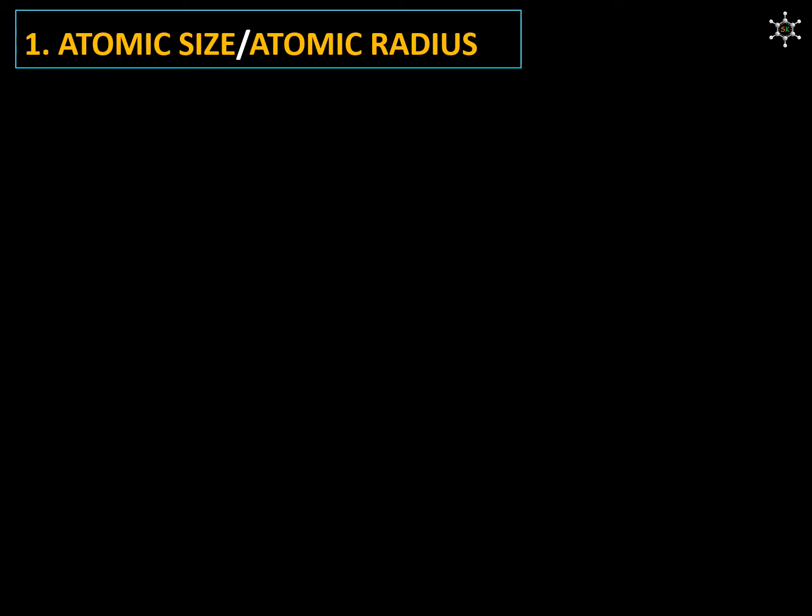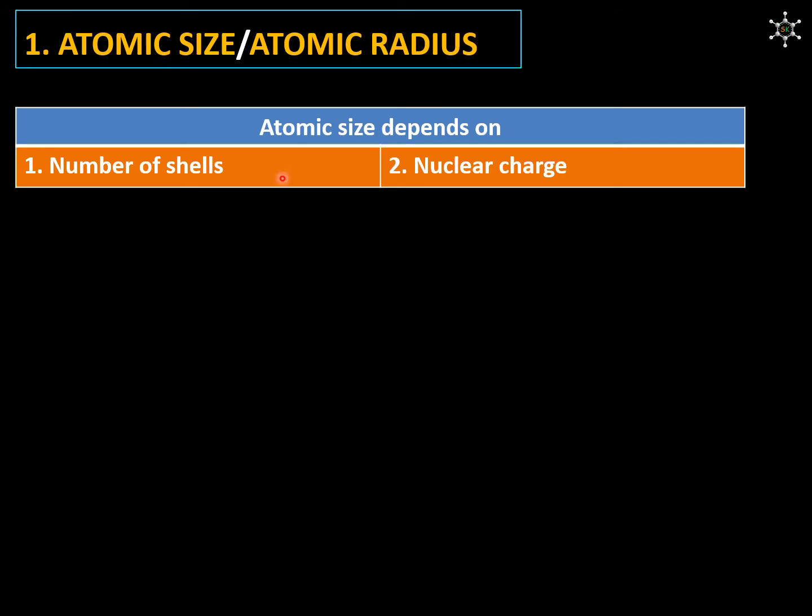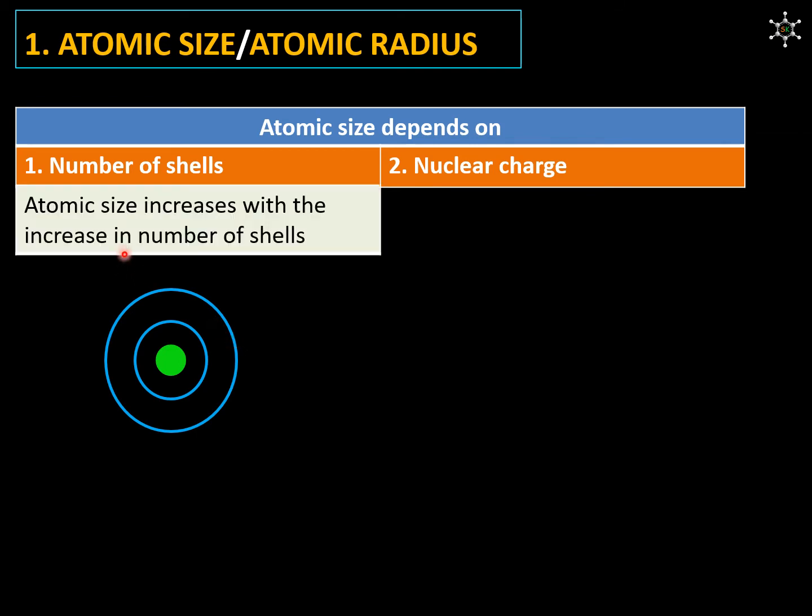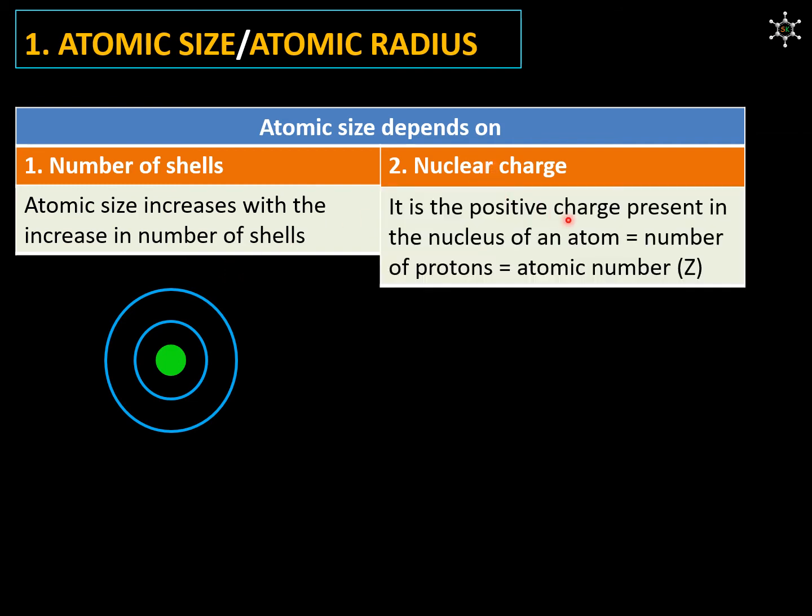Atomic size depends on two factors: number of shells and nuclear charge. If we consider an atom, the distance between the nucleus and the outermost shell increases if we increase the number of shells. So, atomic size increases with the increase in number of shells. Nuclear charge means the positive charge present in the nucleus of an atom, which is equal to the number of protons, which in turn is equal to the atomic number of the element.